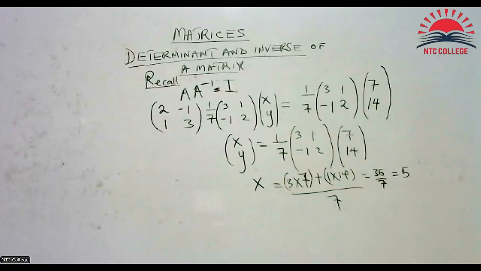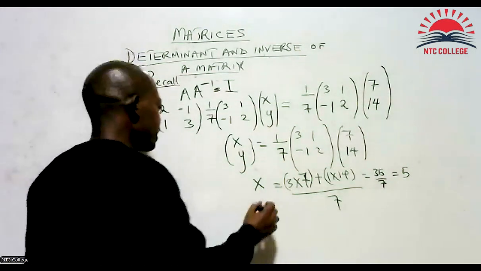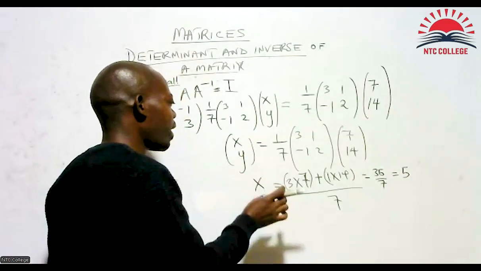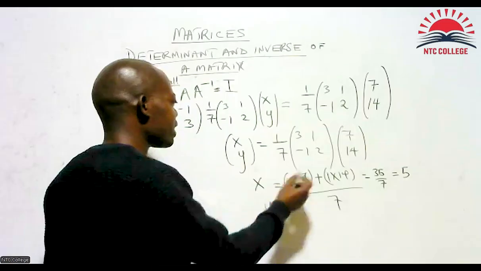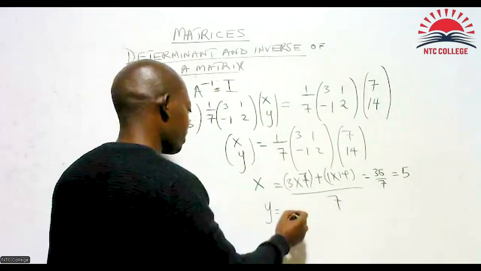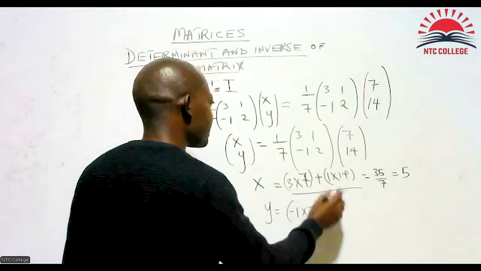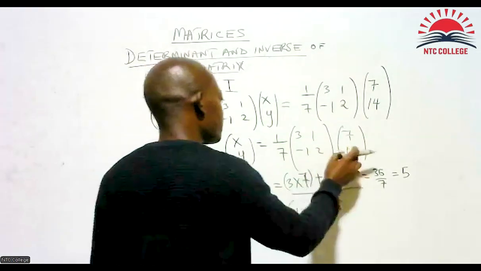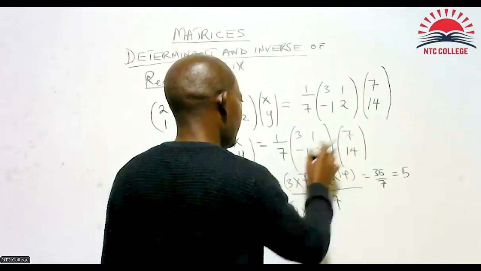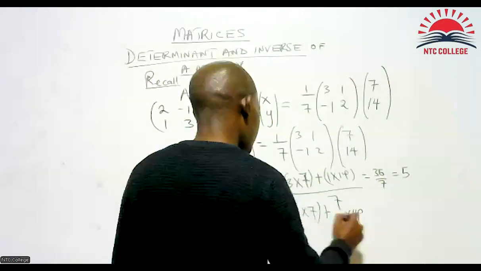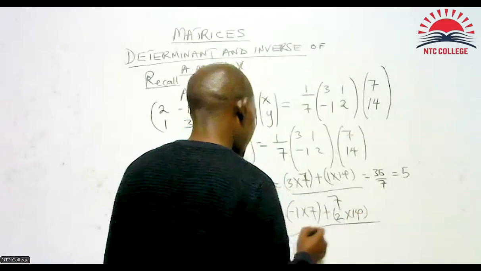Let's obtain y. To obtain y, use the lower element because y is the lower one. So how do we go about that? Negative 1 times 7 plus 2 times 14, all divided by 7.